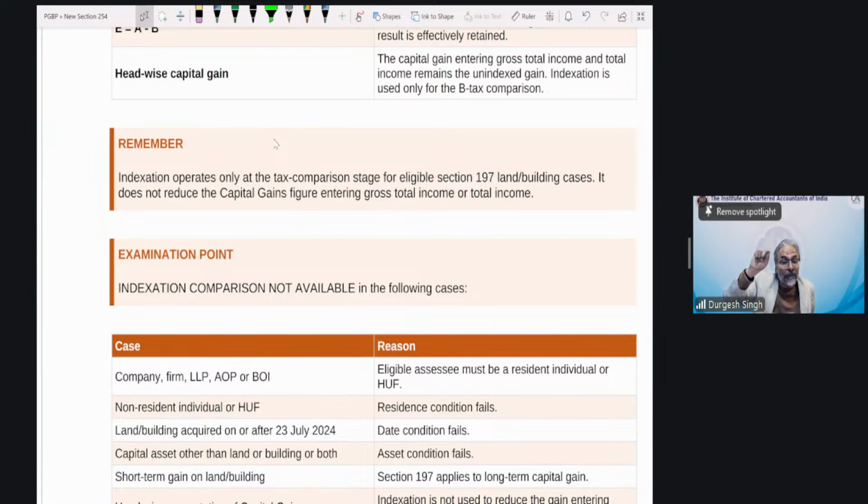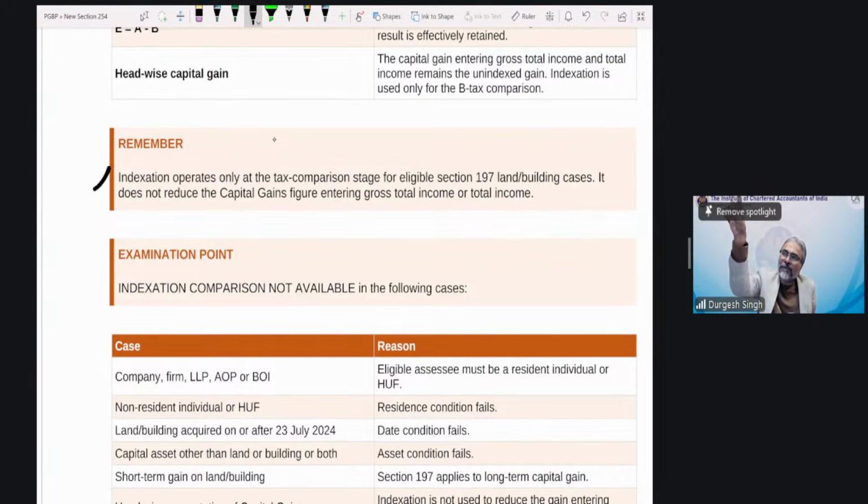So, thumb rule, students, this note becomes very important then. Thumb rule: as far as the computation goes, computation does not recognize the indexation concept. Computation, students, does not recognize the indexation concept. So that will be a non-indexed amount.